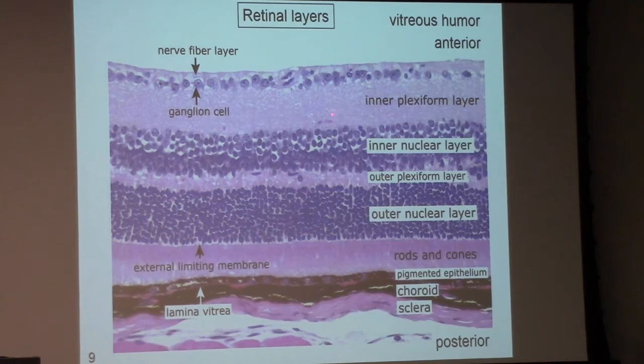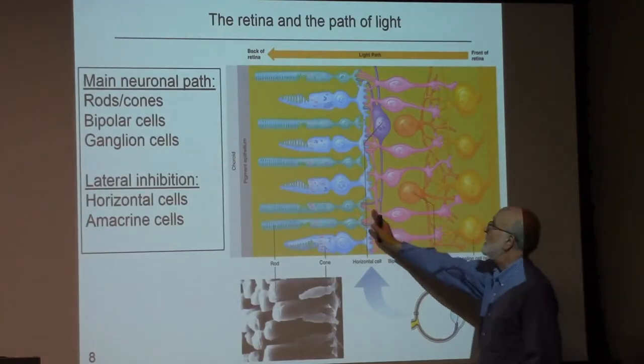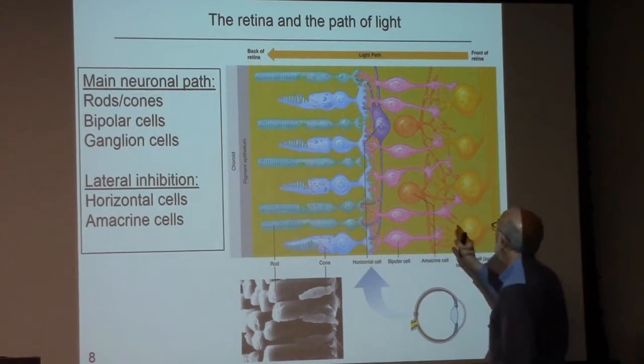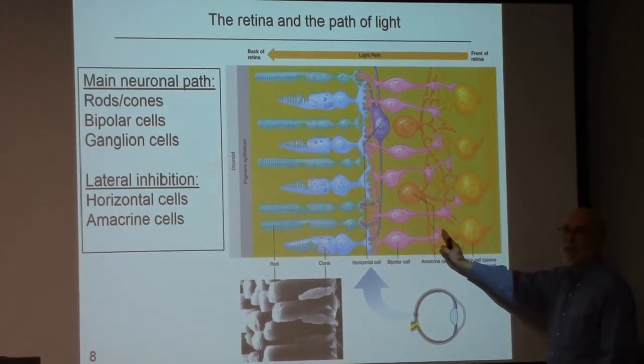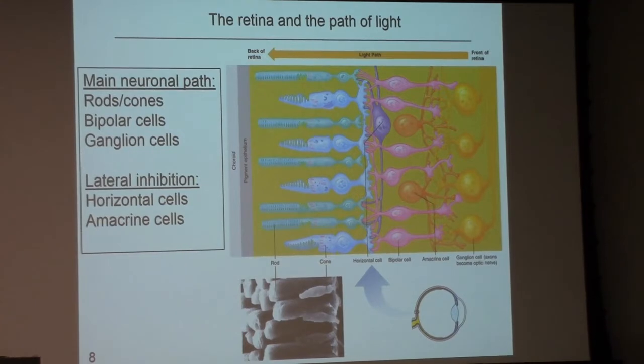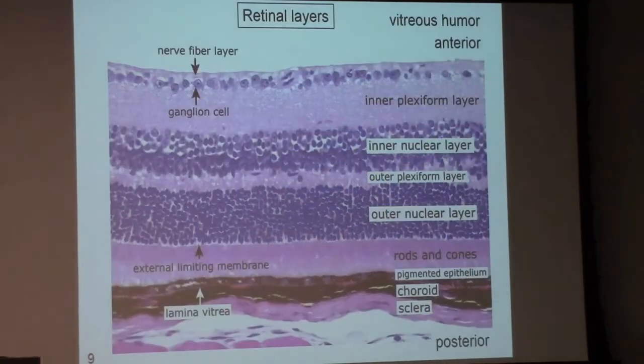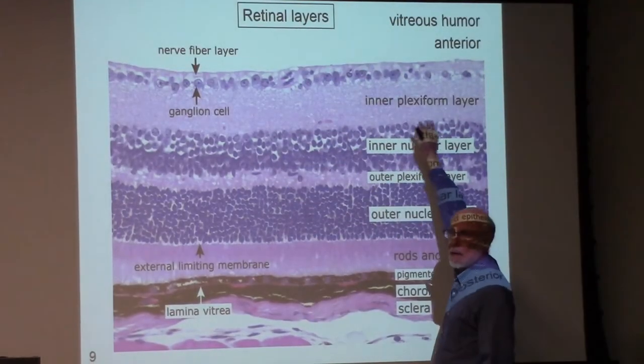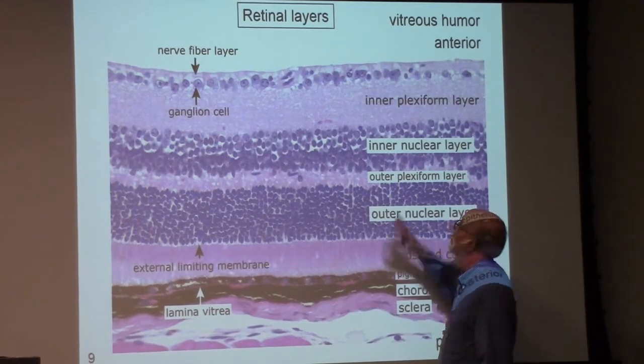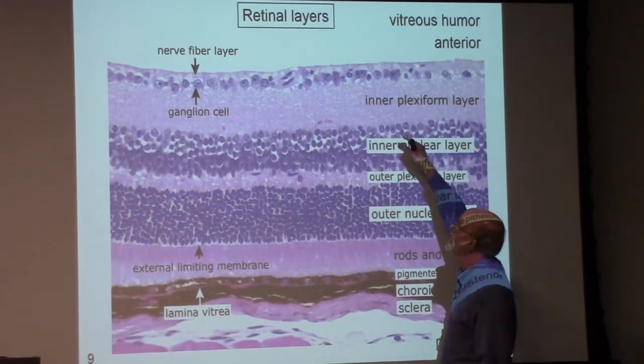The inner plexiform layer is where this set of synapses is. So you can see it's not trivial. It's a major synaptic connection, thick with lots of synapses.